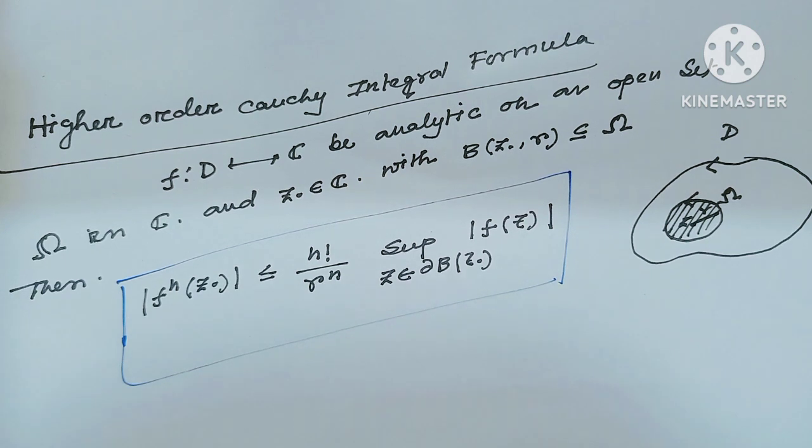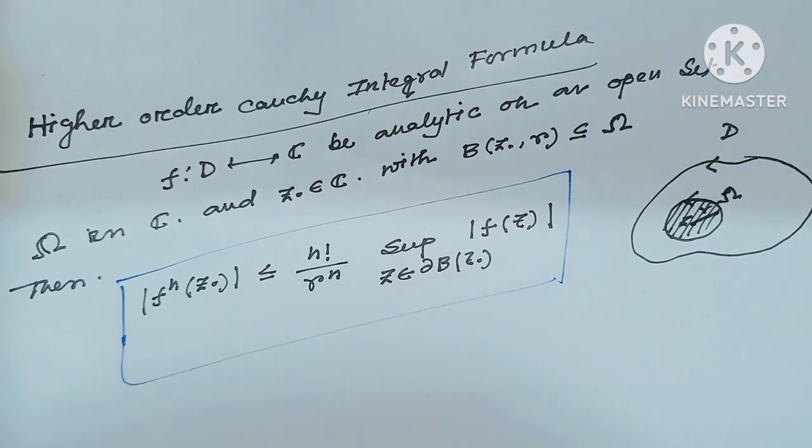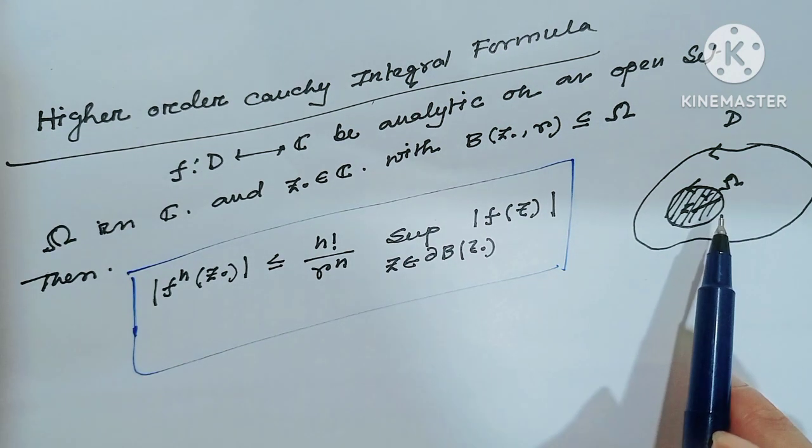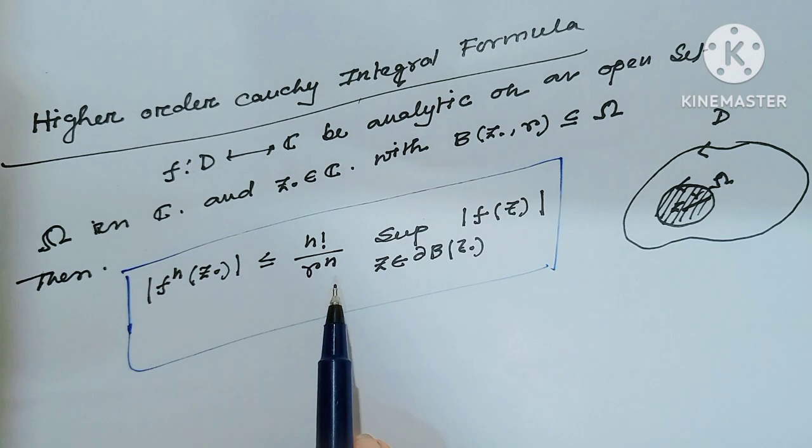times the supremum, over z belonging to ∂B(z0), of the absolute value of f(z). That means the absolute value of f^n(z0) is always less than or equal to the supremum of this function on this boundary times n factorial over r to the power n.